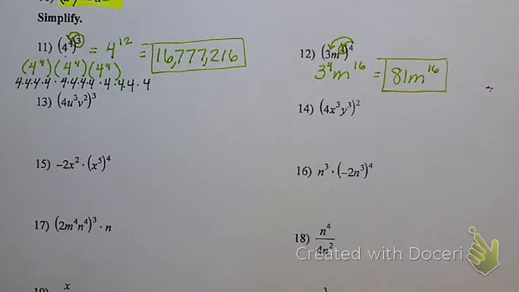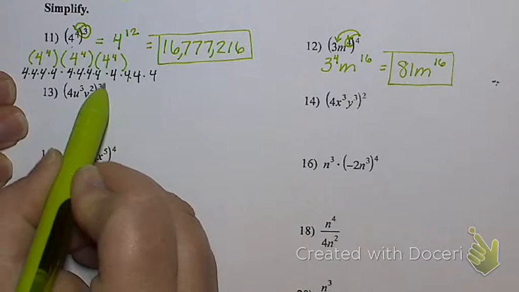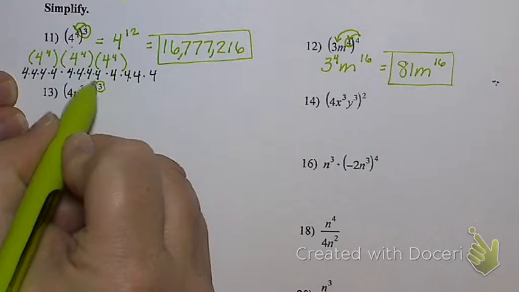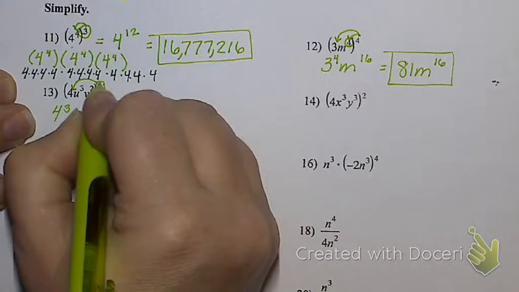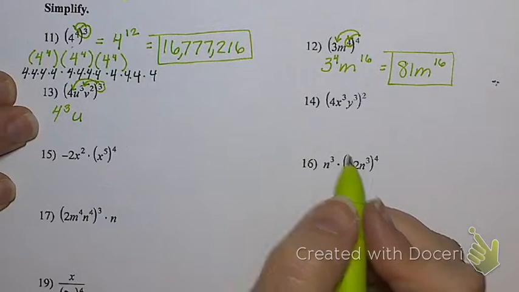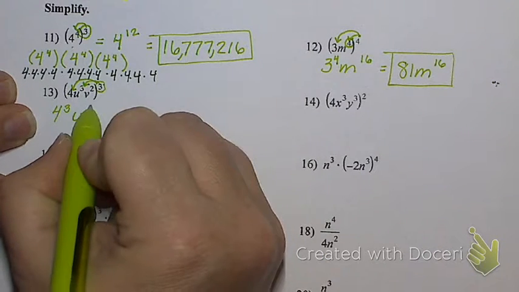So if I look at number 13, I have this exponent out here, this 3. I need to distribute it where? To the 4. That gives me 4 to the 3rd. To the u to the 3rd, what am I going to do if it already has an exponent? I multiply. 3 times 3 is 9.